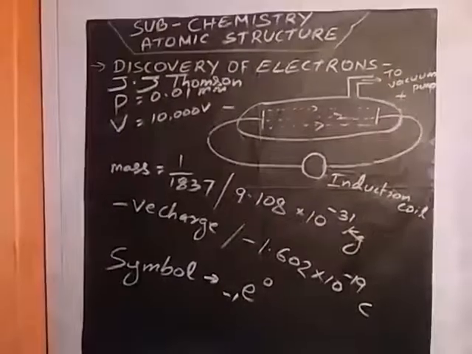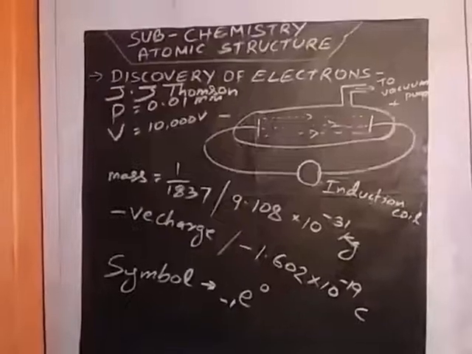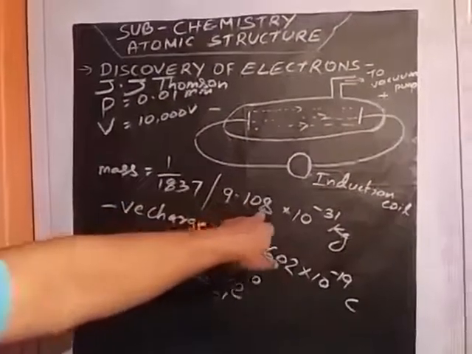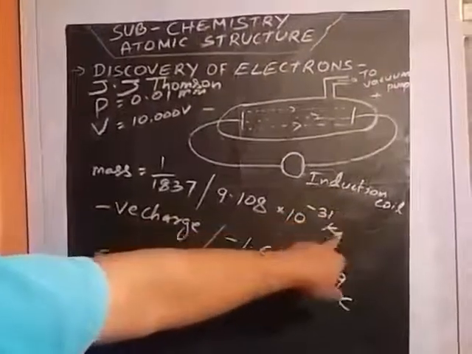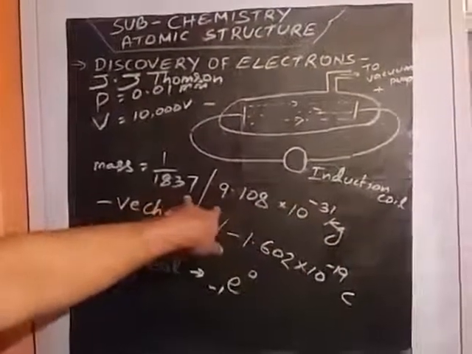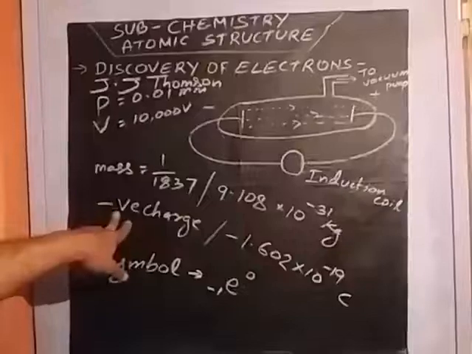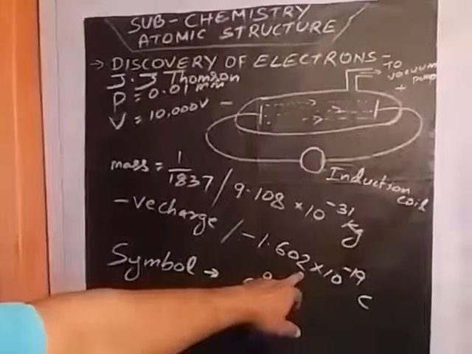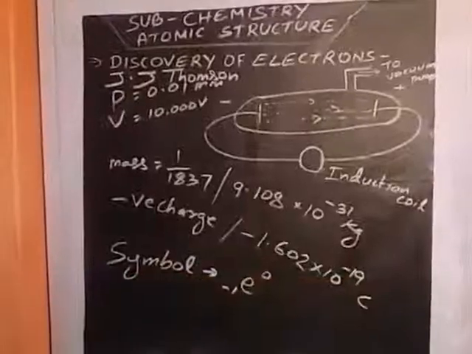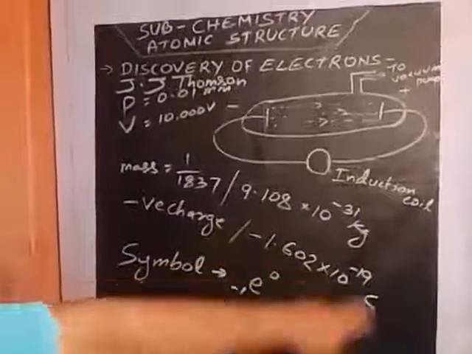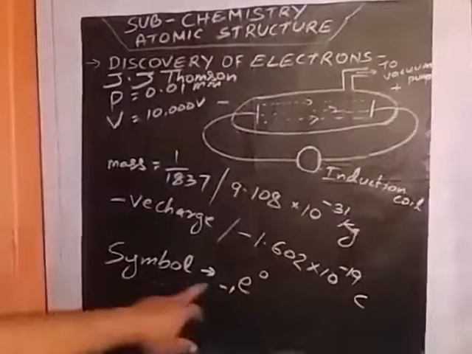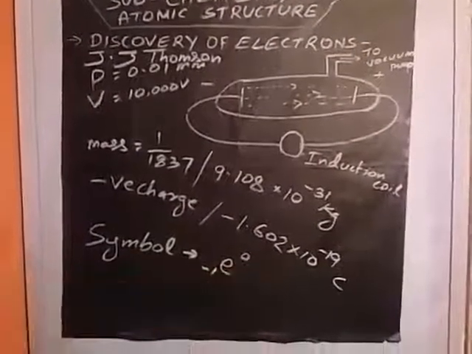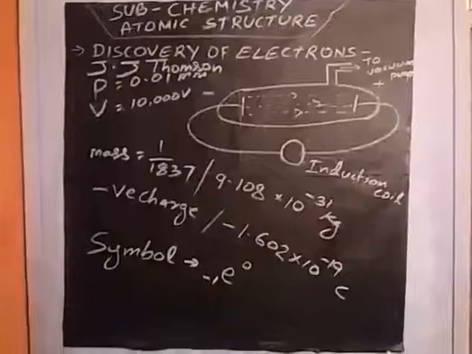Its mass is 1 by 1837 of hydrogen, or 9.108 × 10^-31 kg, which is very negligible. Its charge is negative, −1.602 × 10^-19 coulomb, symbol e. Their charge is negative, their mass is negligible.